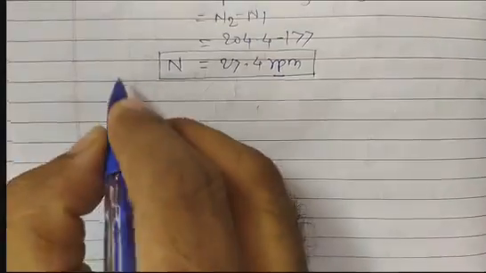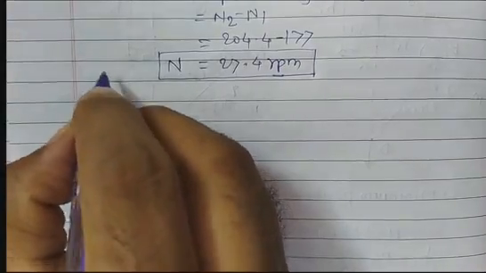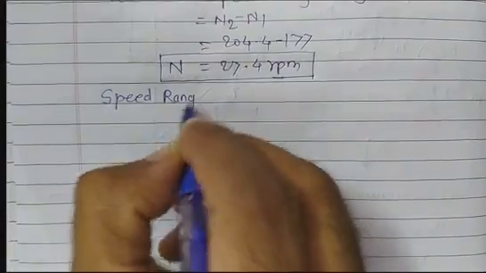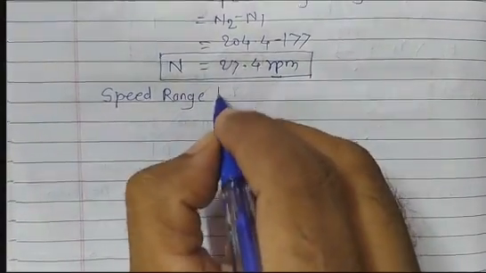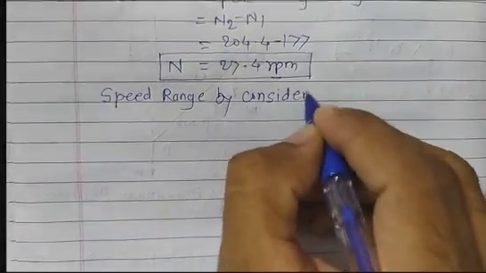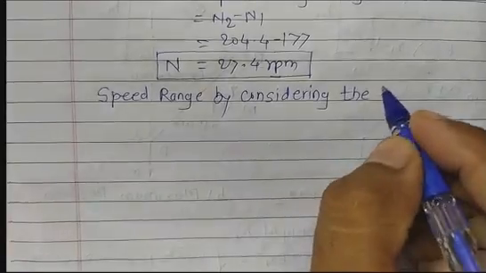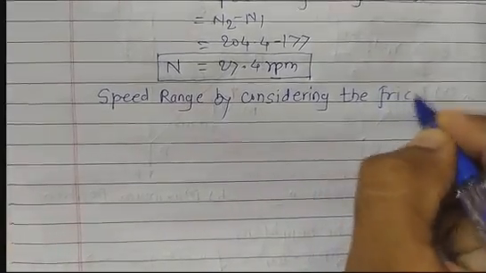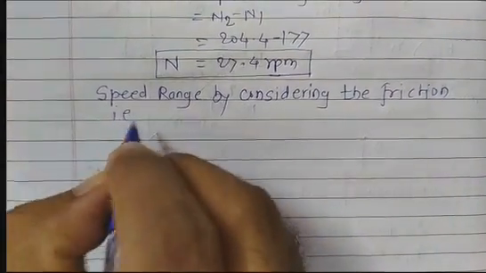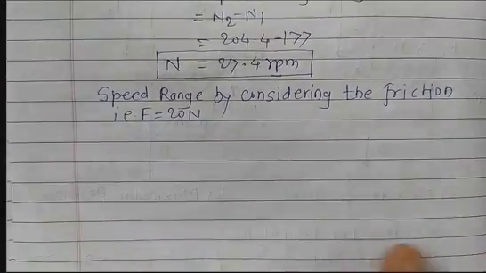Now in the next step we have to find out the modified speed range by considering the friction, that is F, which is given here as 20 Newton.